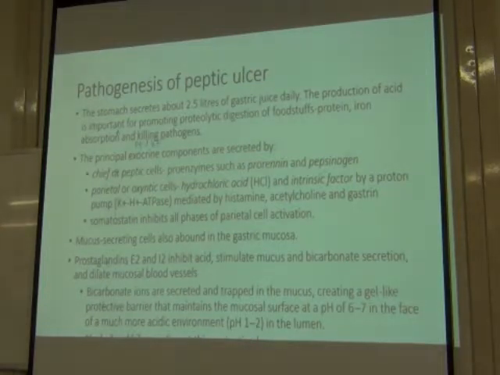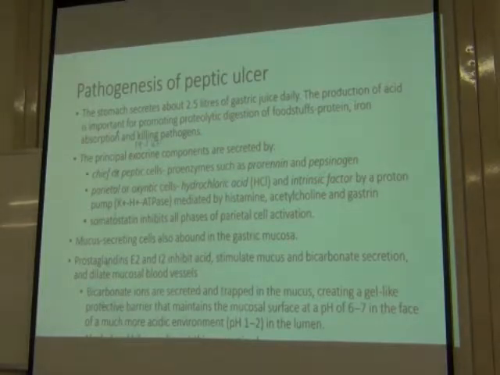Do we get that? So, we've been talking about mediators and chemical mediators and neurotransmitters. For the parietal cells to release hydrochloric acid by this proton pump, they need a mediator.